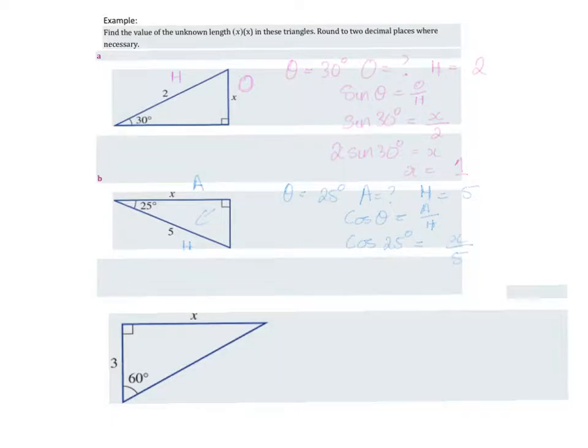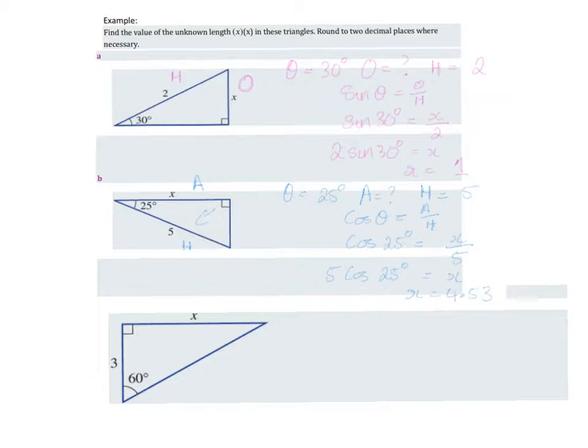And again, you can see that our unknown's up the top there, and to get x by itself I have to times by 5. So 5 times cos of 25 degrees is equal to x. So when we put that into our calculator, we get x is equal to 4.53. That's 2 decimal places.